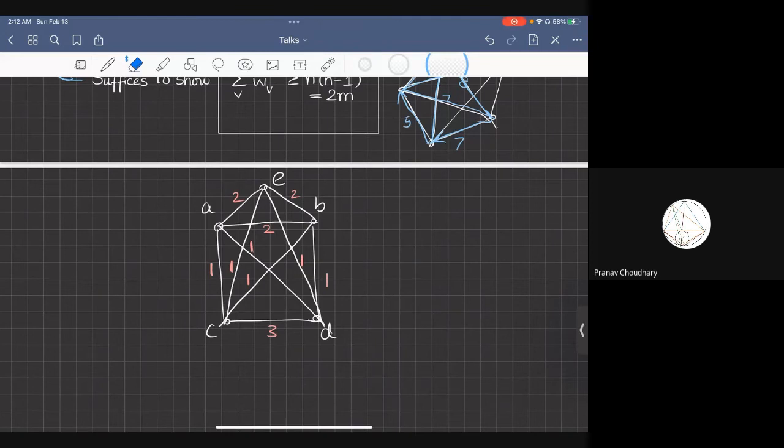In fact, I don't think this labeling is good. So, maybe something of this sort. Let me go back to this.